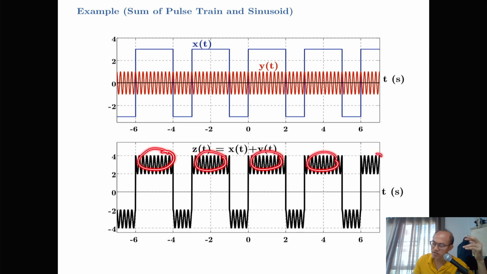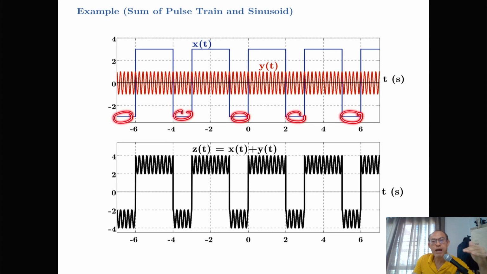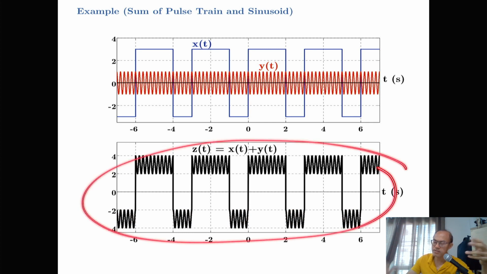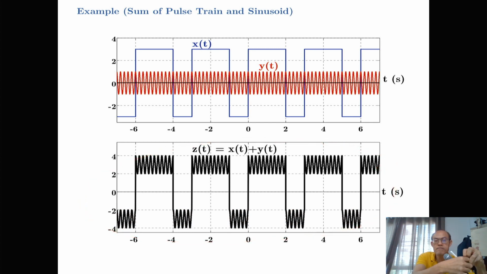But when x is -3 over these intervals, we're shifting the signal y down by 3. So that's why we have this, x shifted down by 3. Connect them together, we get the signal z that is a result from adding x and y together. Okay, so I hope that's not too difficult.